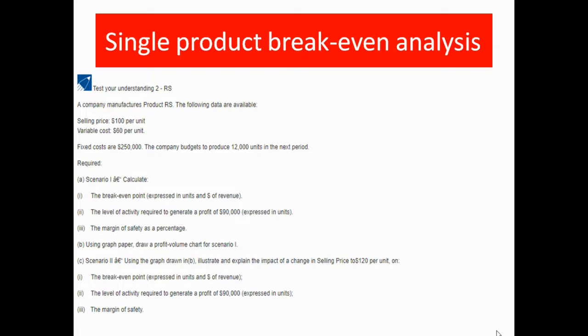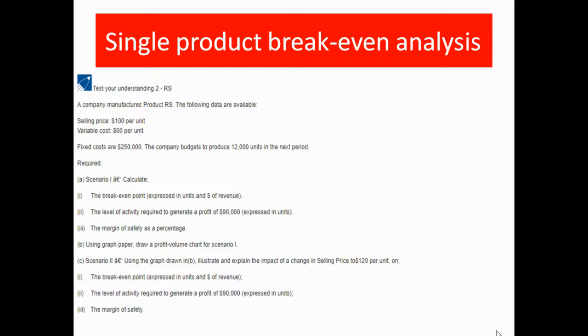Okay, so just as an overview, we have this test of understanding 2. A company manufactures products, and the following data are available. Selling price is 100 per unit, variable cost is 60 per unit, and fixed cost is 250,000. The company budgets to produce 12,000 units in the next period.